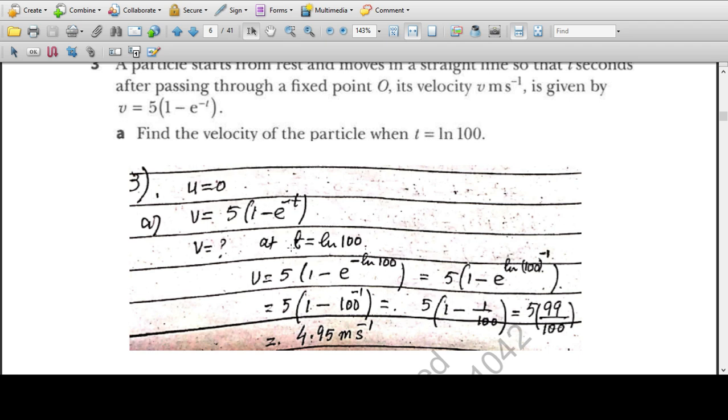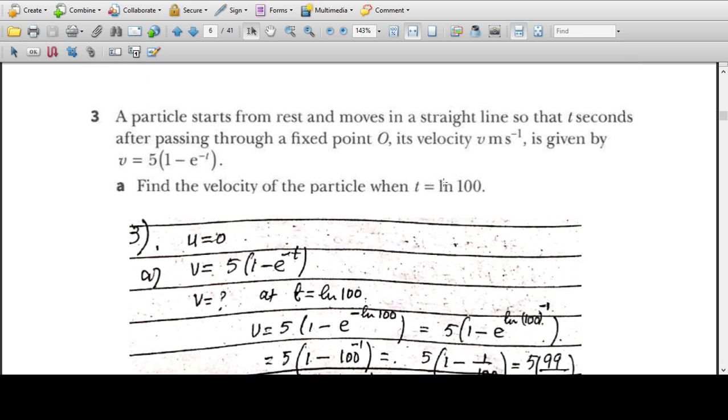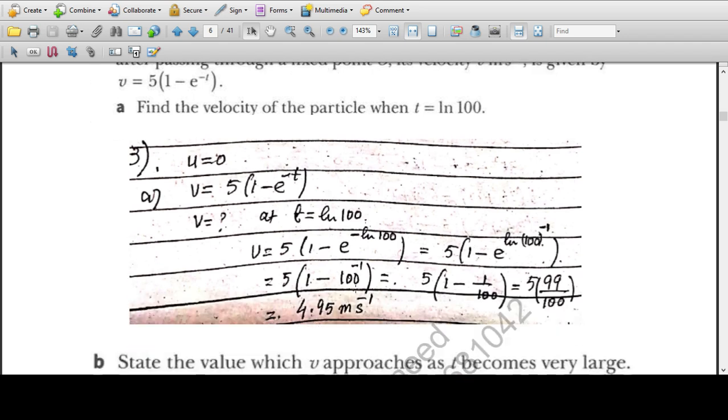So we have to find the velocity at t = ln 100. So t = ln 100 is placed here in place of t. The minus sign goes inside, the e and ln cancel out, and we get 1 − 100 inverse, so this is 1 over 100.